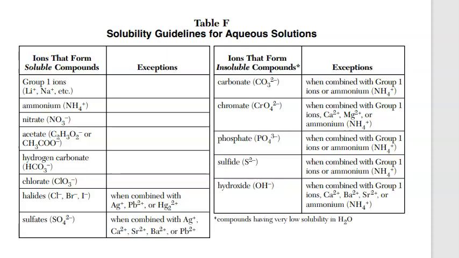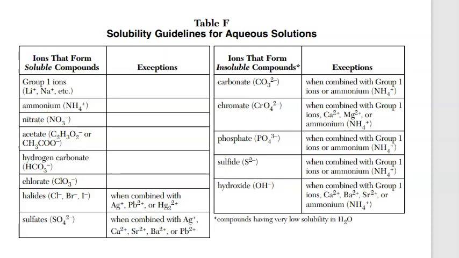If it's soluble, it should disappear in water until we put so much in it would be saturated. If it's insoluble, we're going to put it in. A little bit is going to dissolve, but really all it's going to look like is that the salt is just falling to the bottom of the container. Really what this is asking is which of the 4 choices is insoluble in water.